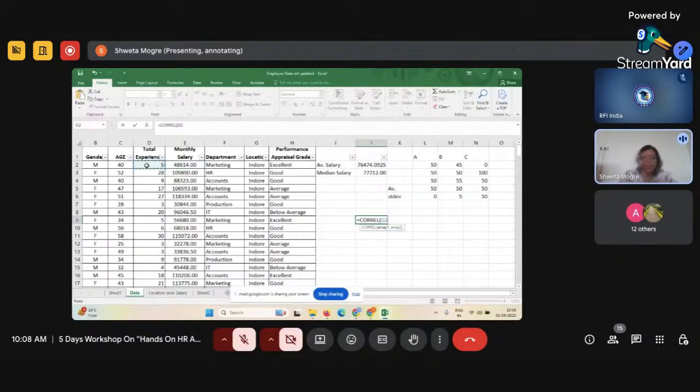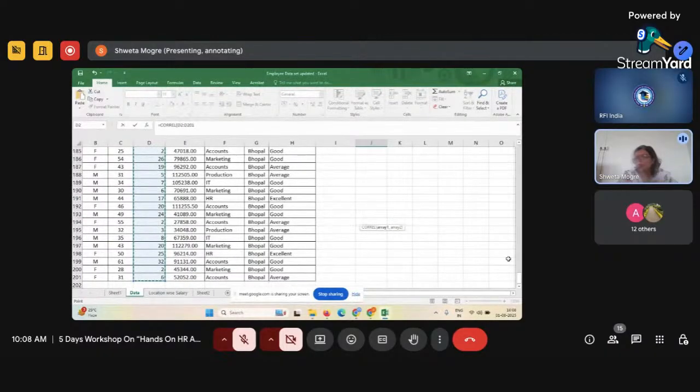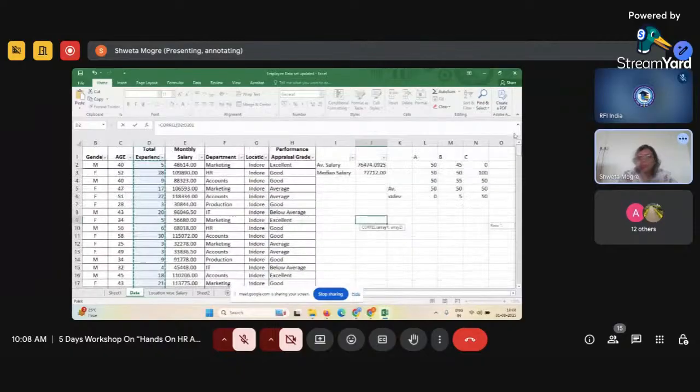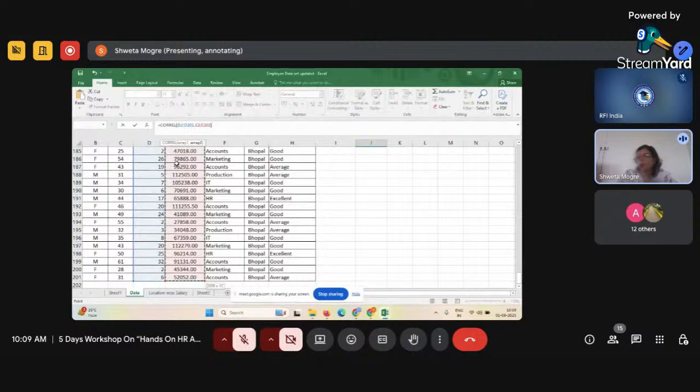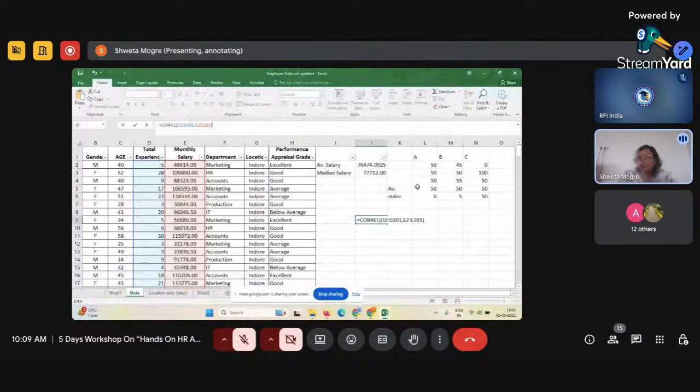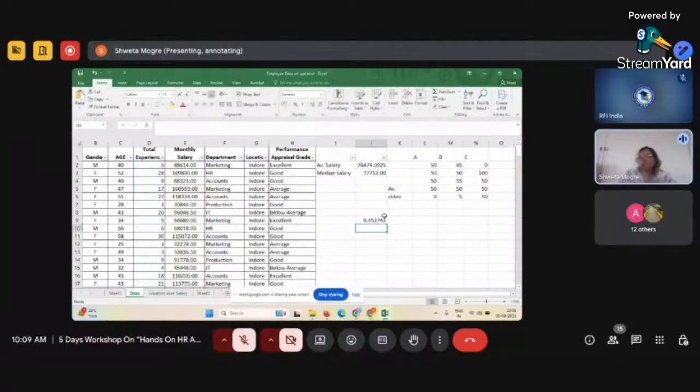I am calculating correlation between experience and monthly salary. I select the first cell and press Control Shift down arrow key, close the bracket, and now I observe the correlation value.